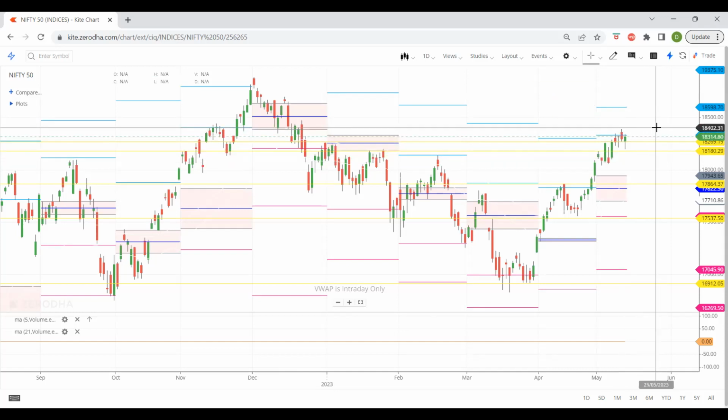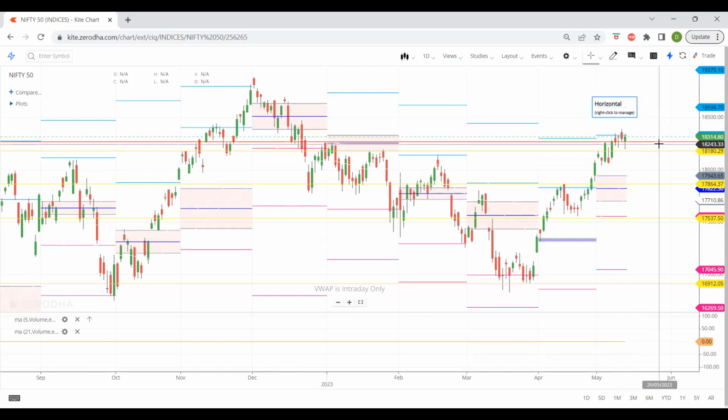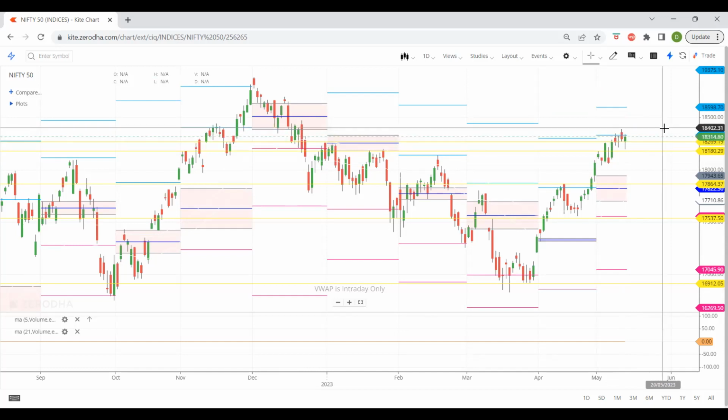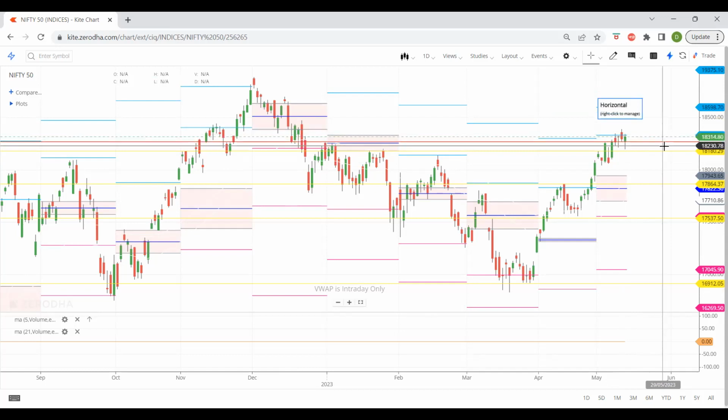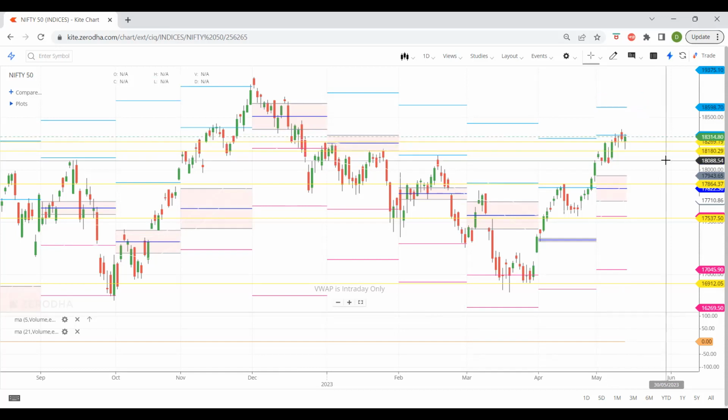Also, with SGX Nifty pointing to a 65 to 70 point downtick, we can anticipate that Nifty might start in the negative on Monday morning. But what it will do after the opening is anybody's guess.